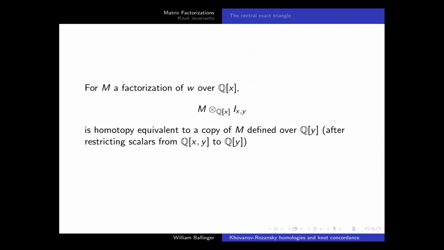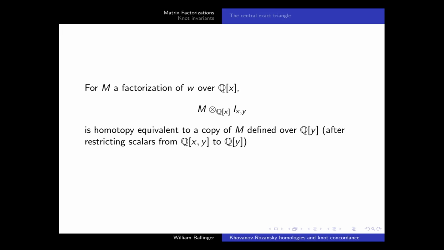And what we mean is if you start with any matrix factorization of W over a polynomial in one variable, we can form this tensor product. So what I really mean is perhaps first extend scalars from M from Q adjoin X to Q adjoin X, Y, and then take the tensor product.